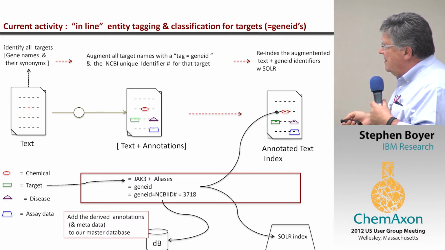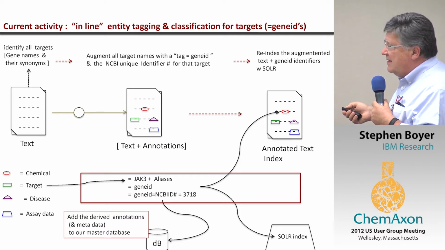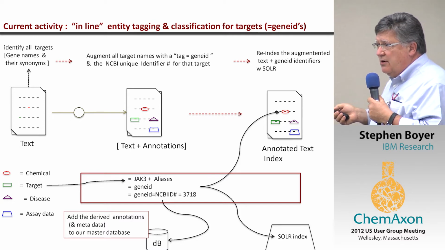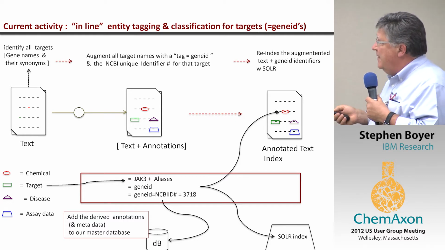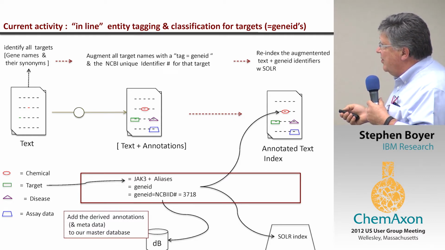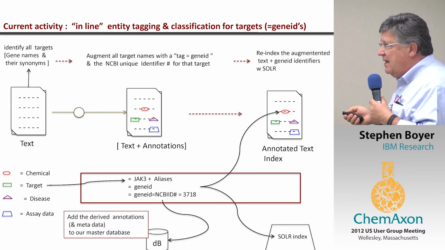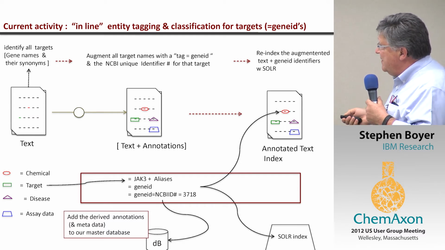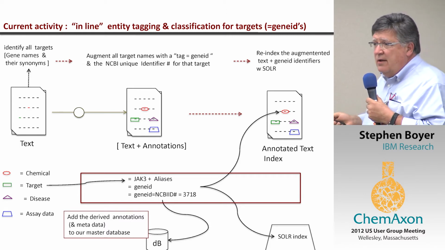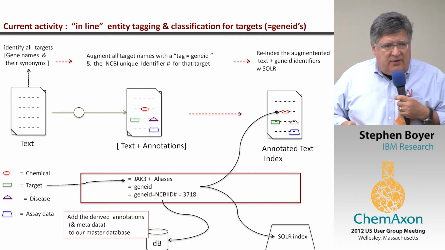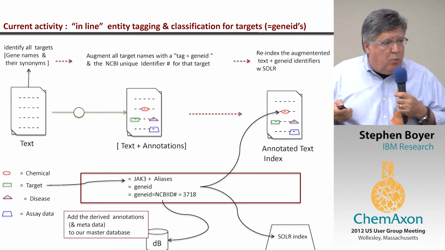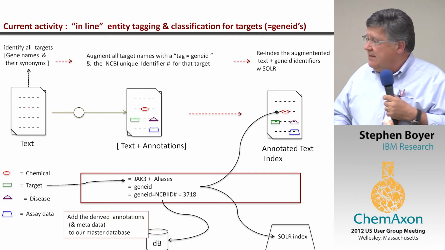Then we reinsert that into the text of the document to build what we call augmented text. That augmented text now has the word aspirin as well as a little tag that says, I'm an InChIKey, and by the way, I'm specifically this InChIKey. Then we re-index this with SOLR so that the InChIKey is actually indexed as if it were a word within the document.